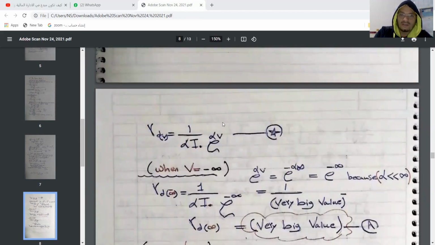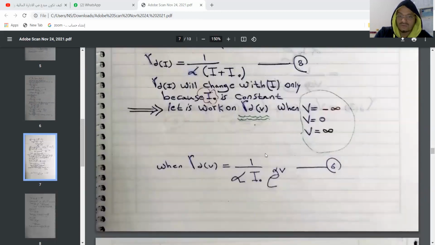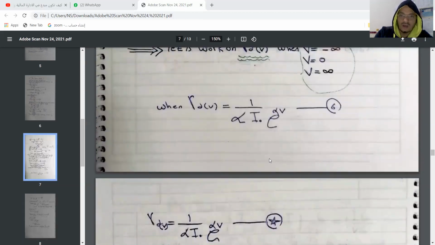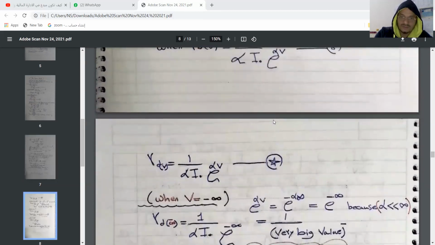I put the negative value in the exponential, so it becomes a very big amount below the 1, all of these values, the diode constant, saturation current, exponential alpha V, being in the denominator. I forgot to complete this line to here, sorry.